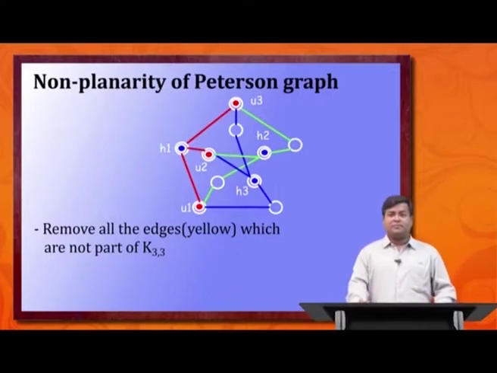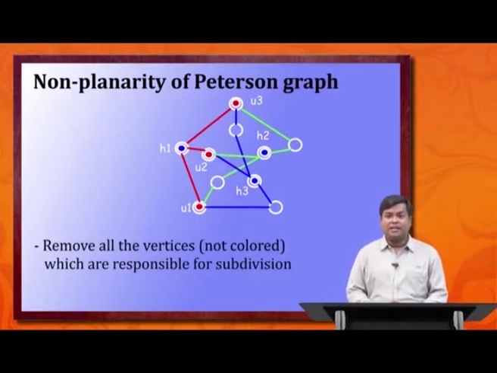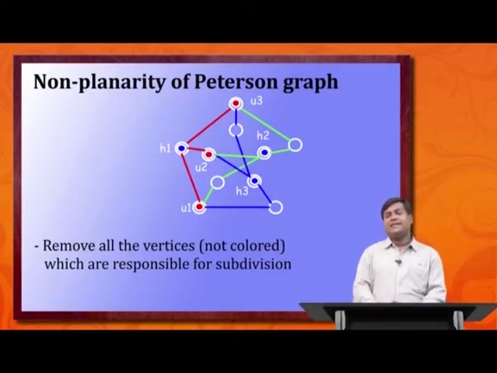Now after removing those yellow edges, we need to do one thing: remove all the vertices not colored which are responsible for subdivision. We are seeing quite a few vertices which are not colored. Those particular vertices are basically responsible for the subdivision process.